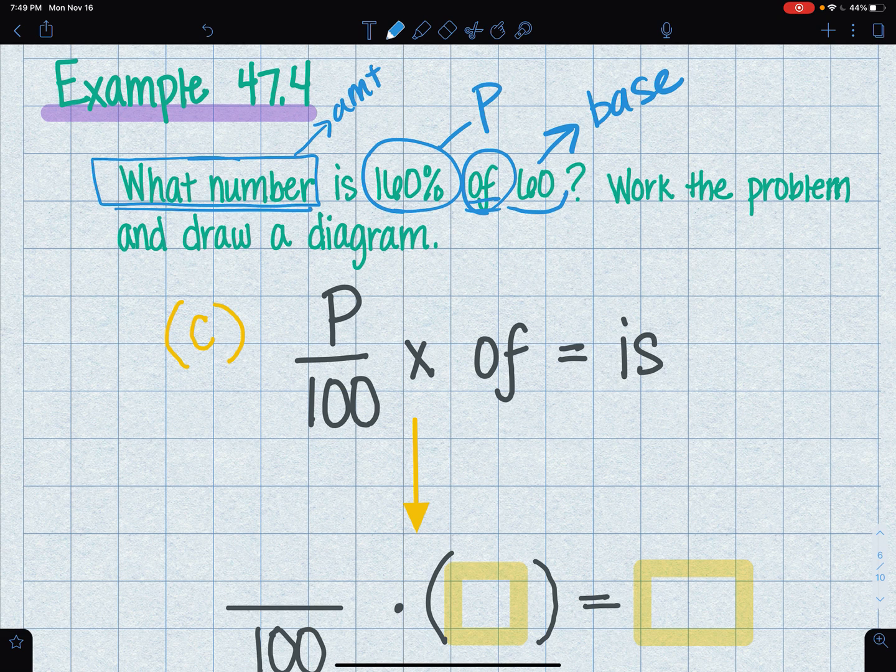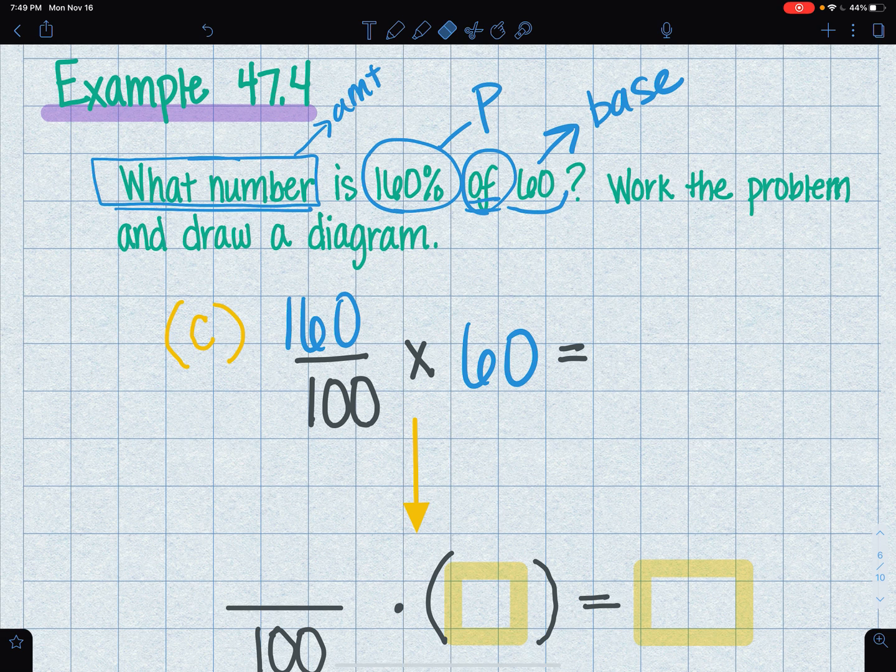So let's plug those numbers in and see what we get. Instead of P, I'm going to write 160 right here. Instead of of, I'm going to write 60 because that's the base that we're starting with. And instead of is, I'm going to write what number because that is what we're solving for.